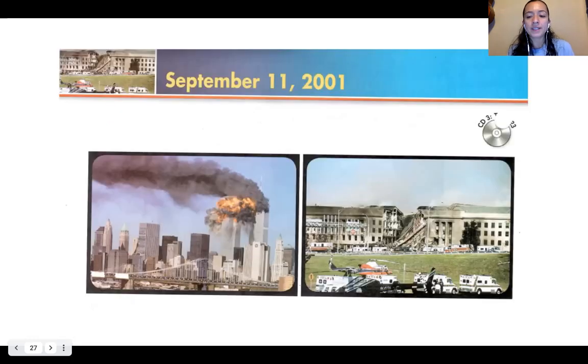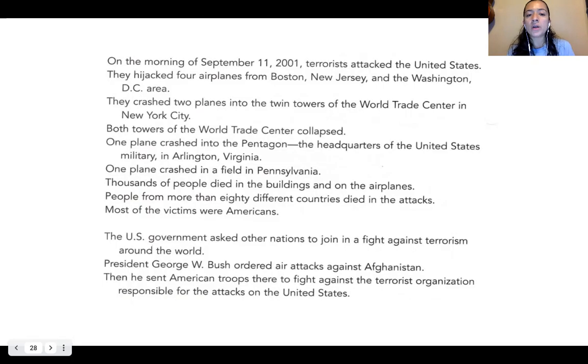Another important event to remember and to know for your interview is the attack on the United States on September 11, 2001. On the morning of September 11, 2001, terrorists attacked the United States. They hijacked 4 airplanes from the Boston, New Jersey, and Washington, D.C. area.